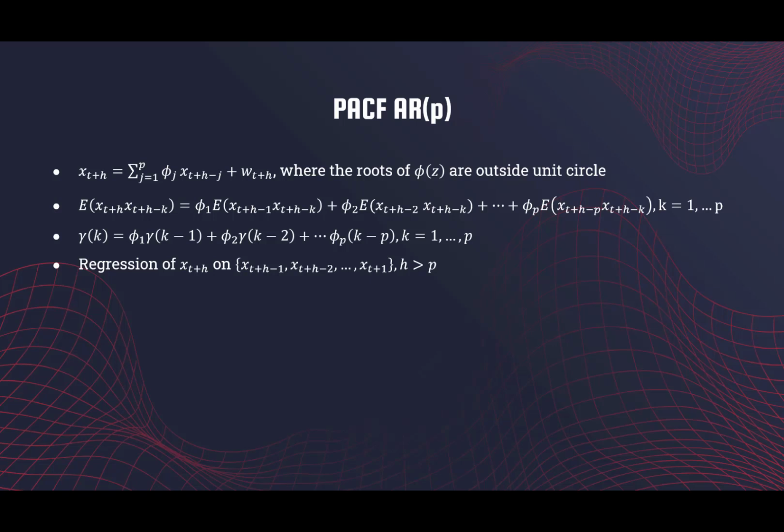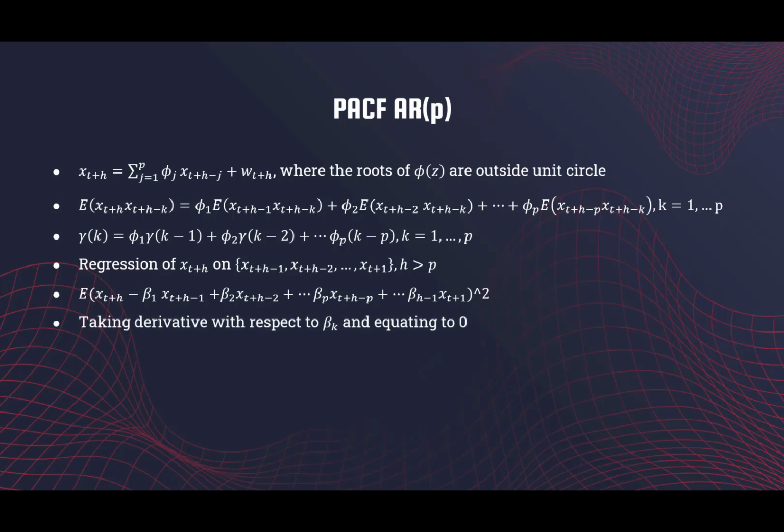Why h greater than p? Because we are going to try and show that the PACF of this AR(p) process is 0 if the lag is greater than p. That's why we're looking at h greater than p. So we need to look at this regression. We know that this is a prediction error. There are again typos here. All of these signs should have been minus.